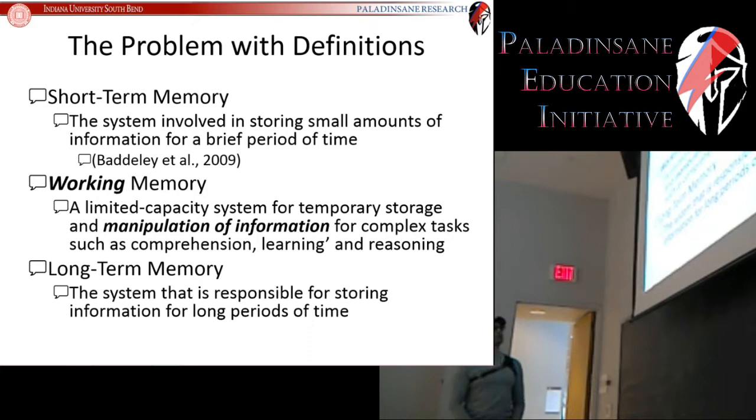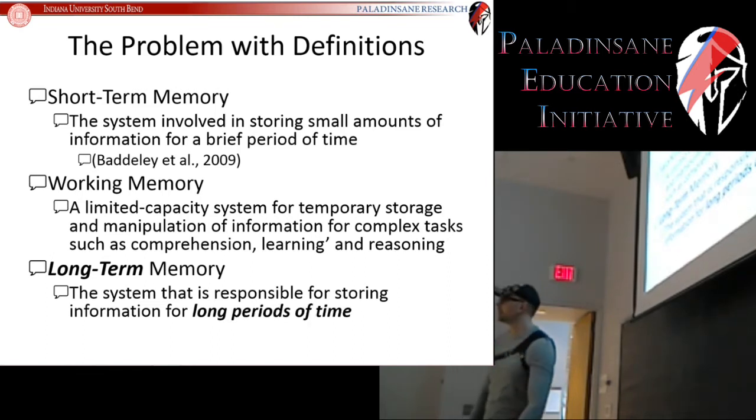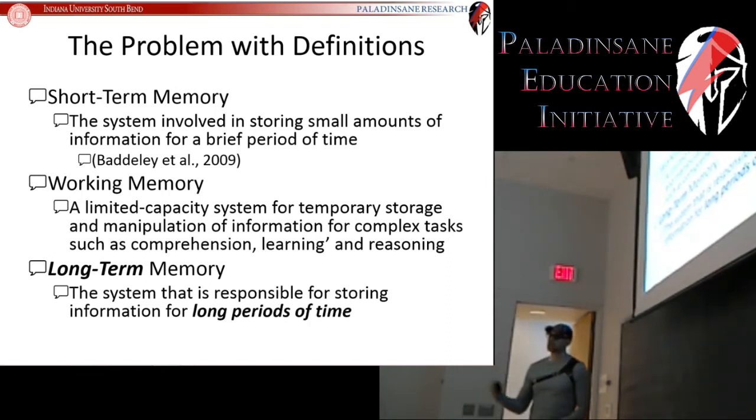And then finally, long-term memory. Once again, it's a system that's responsible for what? For long periods of time. So again, it's very much like blue memory, spider memory. Long-term memory, what does it do? It remembers things for long periods of time. Why? Because it's long-term. Well, what does it do? It remembers things.